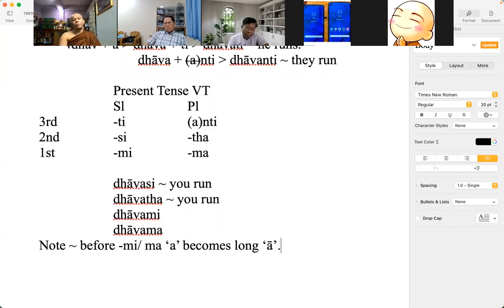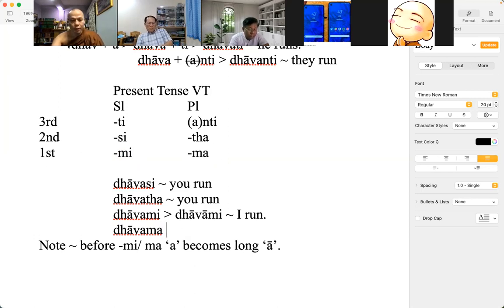So this note, please remember. That is why this dawami becomes dawāmi. So dawāmi, verb termination mi, present tense, first person, singular. That is why, I run.